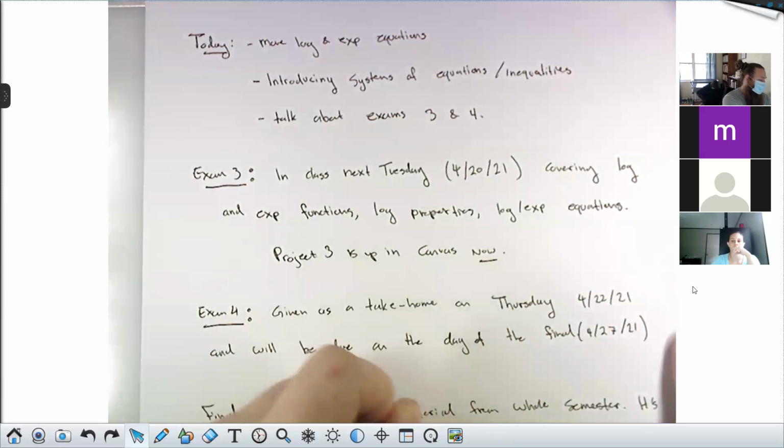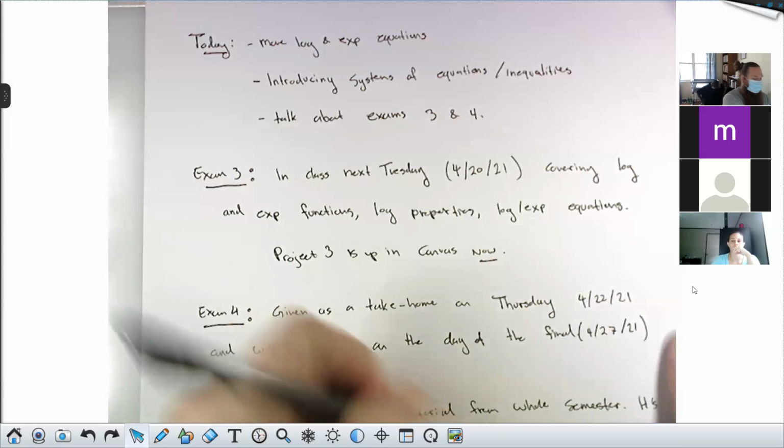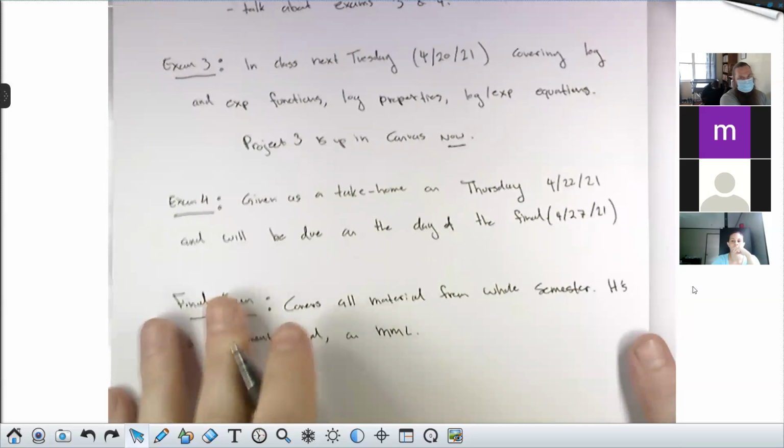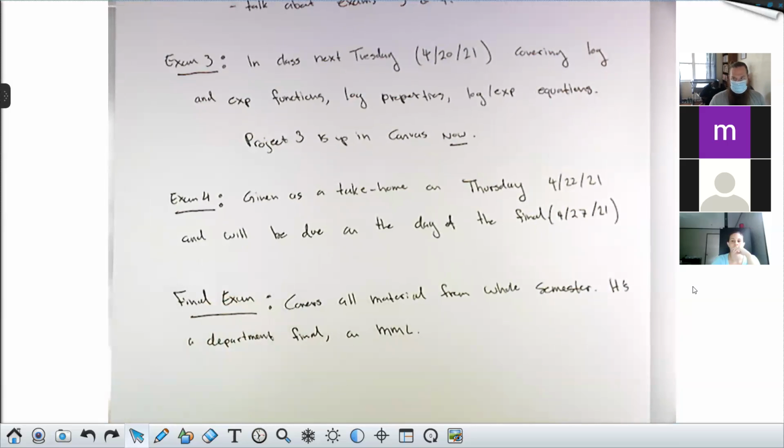It's on MyMathLab. So I loathe the idea of doing tests on MML. I really don't think it's a good way to do things. But because of COVID, because we have to have the entire department running remotely, the committee for this course has decided to do the final exam on MyMathLab.